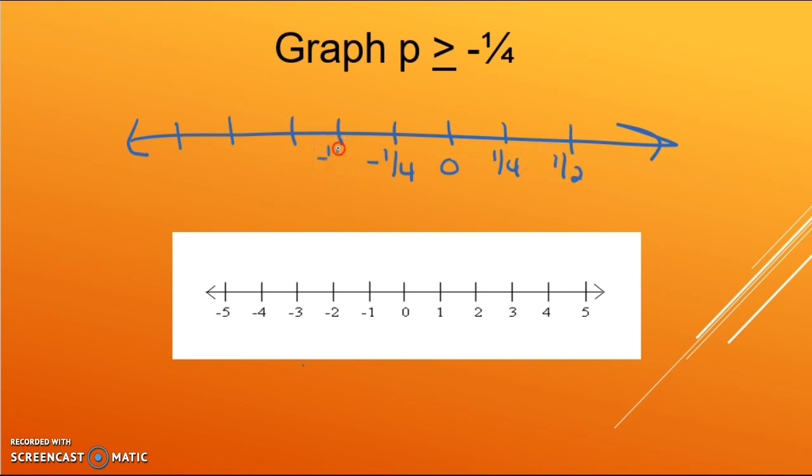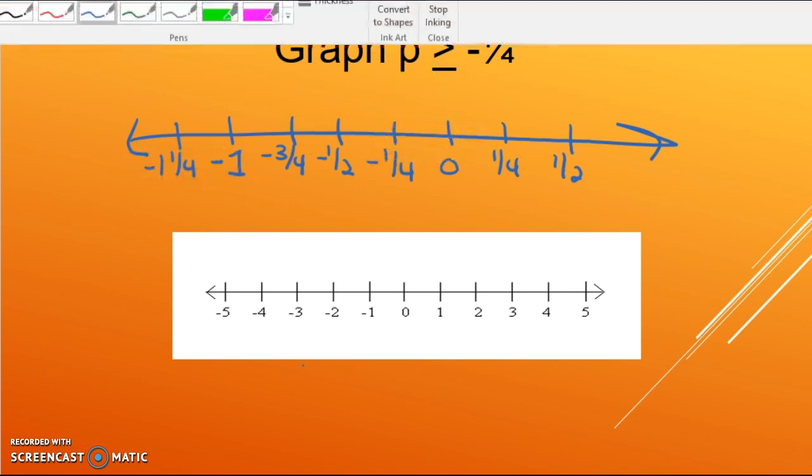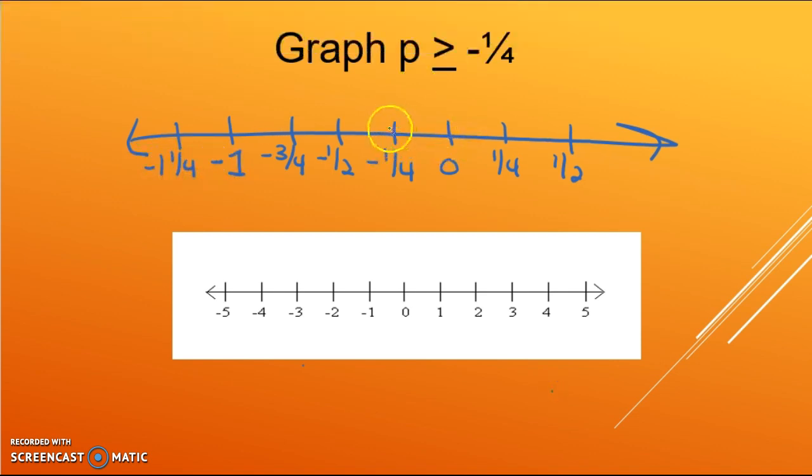I would have negative 1/2, negative 3/4, negative 1, negative 1/4. And then at negative 1/4, I am going to put a closed dot because that's a greater than or equal to sign. And then I'm going to go to the right because it is a greater. So anything greater is always to the right. Anything less than is always to the left.